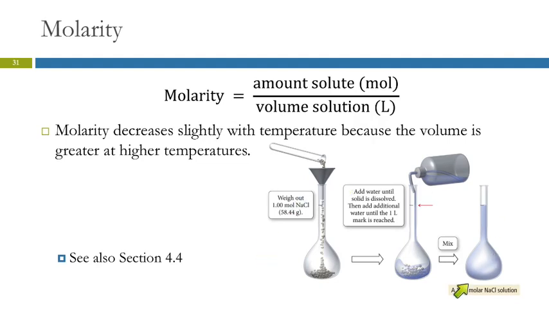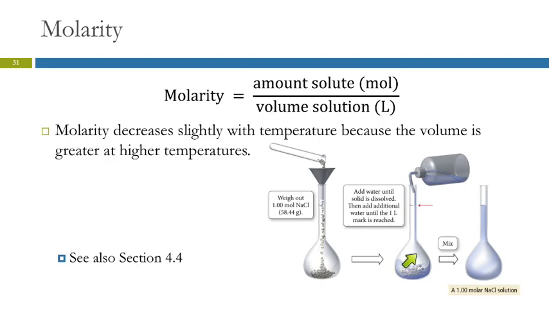So here's a brief review of how you make a solution. This would be making a 1 molar solution of sodium chloride. So 1 mole of sodium chloride in 1 liter of solution. You weigh out 1 mole of sodium chloride. You use the molar mass to find the mass that you need, 58.44 grams. You put it into a volumetric flask.